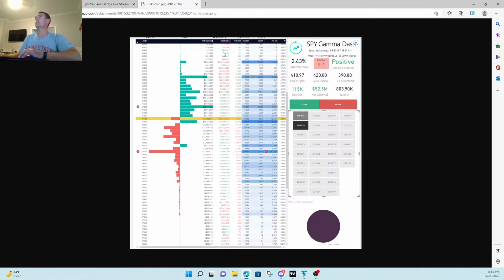You're looking at this as negative, so the puts are outweighing the calls here. That gives us net GEX and net delta. That's strictly what we're looking at at this point, and that's why this net delta is negative on these strikes right here.